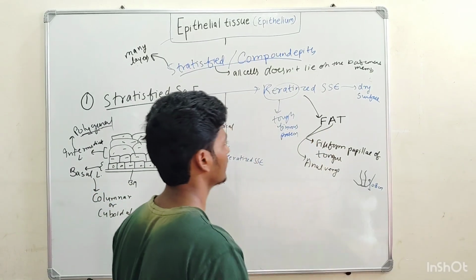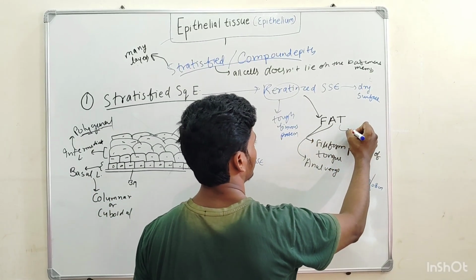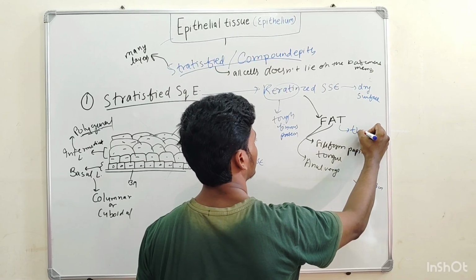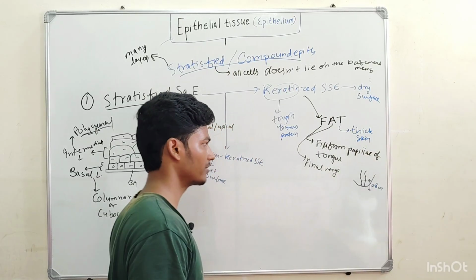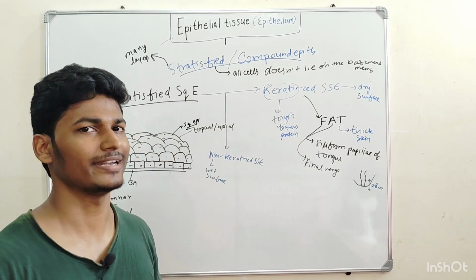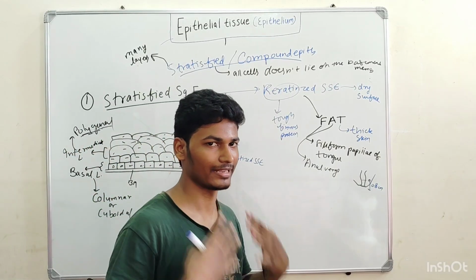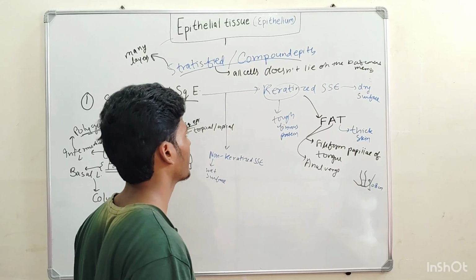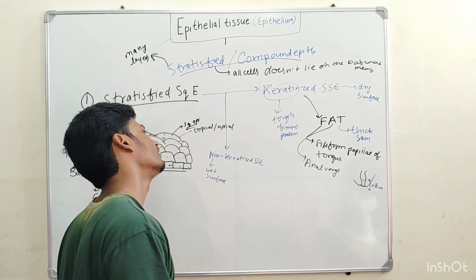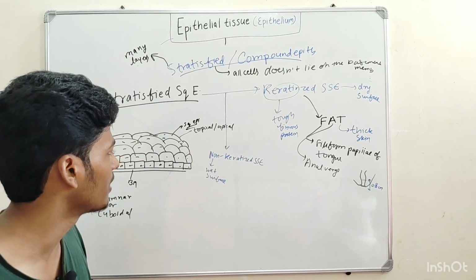And T stands for thick skin. In broad terms, you can say the entire skin of your body which lies outside. Okay, so these are examples of keratinized stratified squamous epithelium.